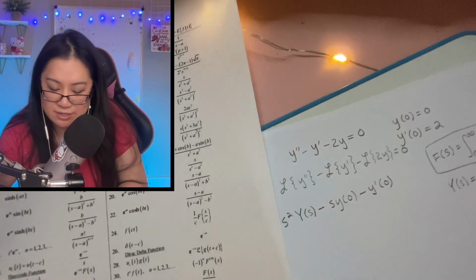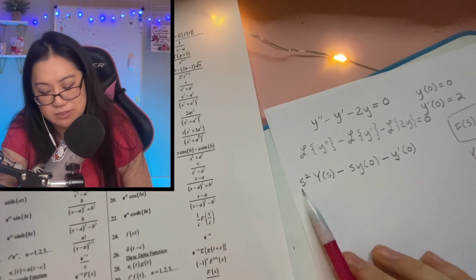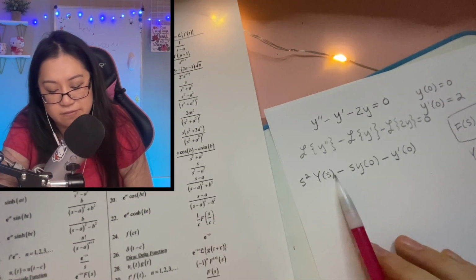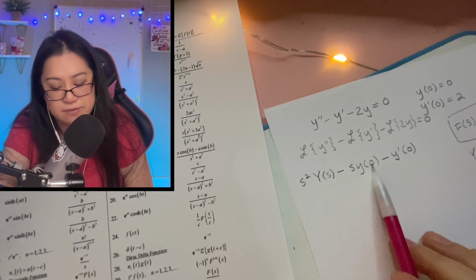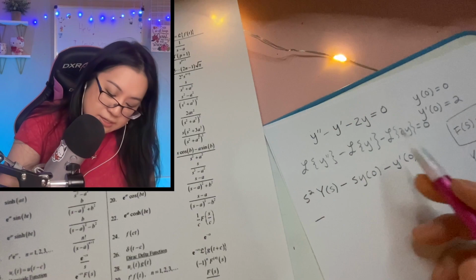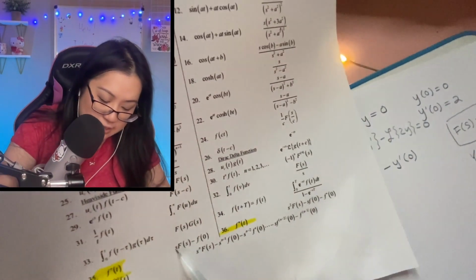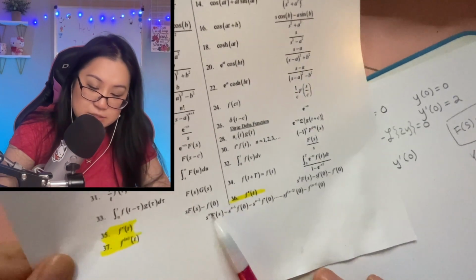Okay, but you can kind of see a little bit of this pattern: s squared Y of s minus s y of 0 minus y prime of 0, then minus the Laplace of y prime, which is s times Y of s minus y of 0.